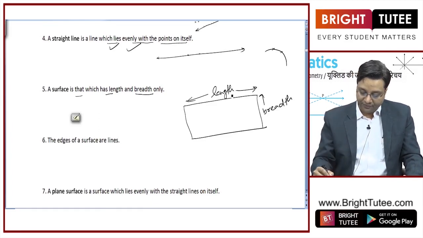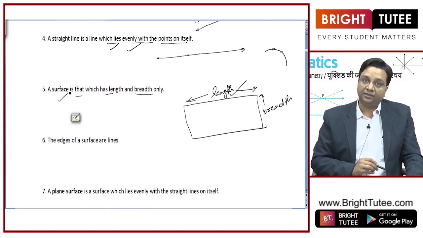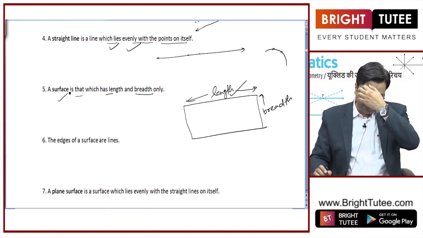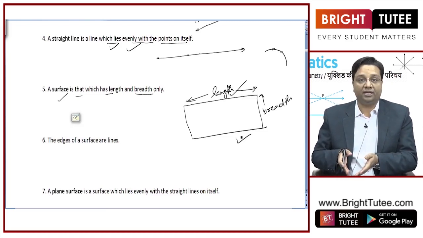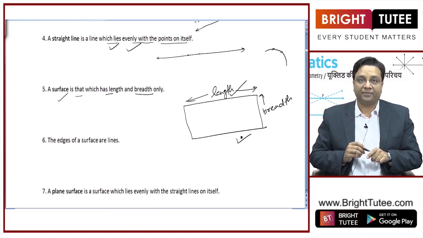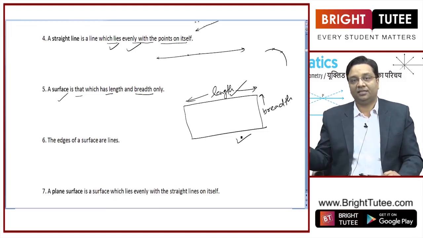So this is a surface, and a surface divides the space. Now, when I am drawing this surface on this board here, I have given it a boundary, a certain length and a certain breadth.